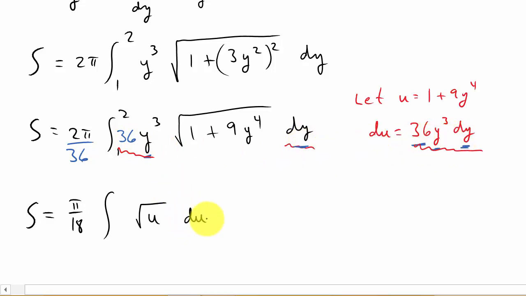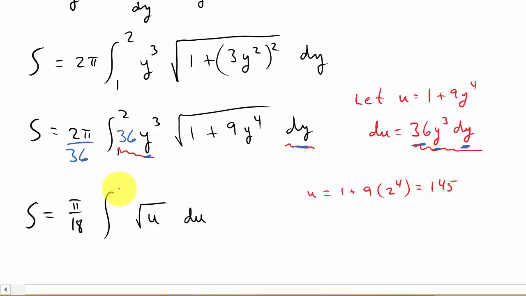Now, since I changed my variable to u, I also have to adjust my limits. These limits are y values. I need u values. So for the upper limit, u is equal to 1 plus 9 times 2 to the fourth, and that gives me 145.